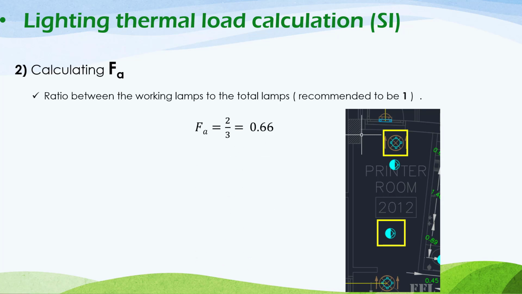In that case, F sub A will equal 2 over 3, which is 66%. But the standard codes recommend that this factor be 1, for the design to be on the safe side, or to predict the worst design case.